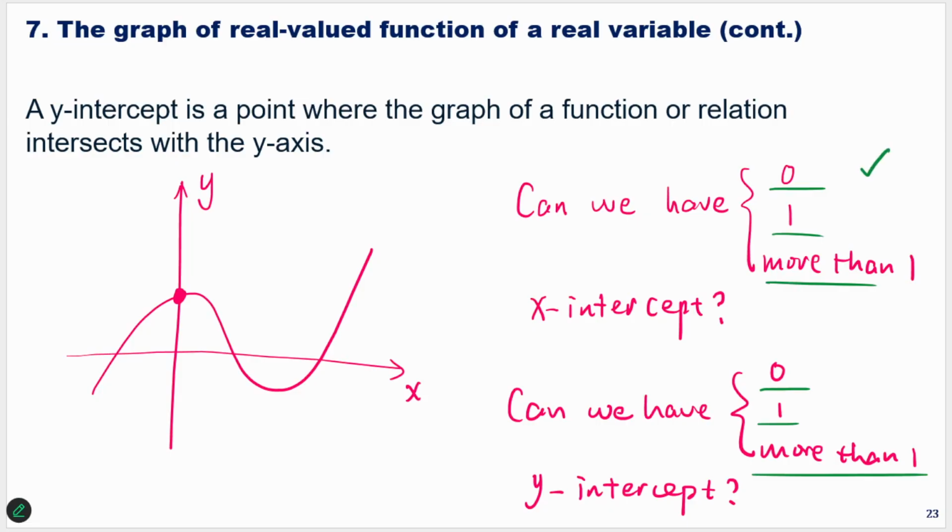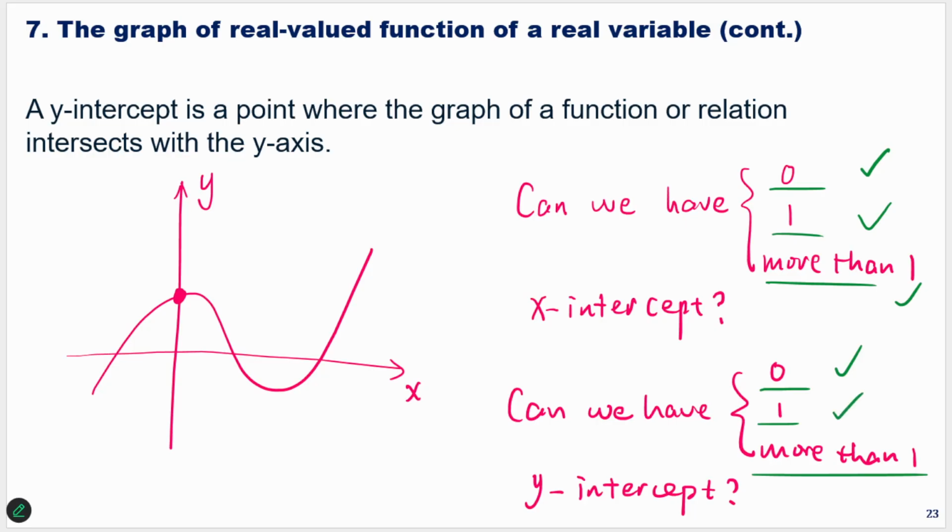Yes. Because sometimes the curve does not intersect with the x-axis, right? Can we have 1? Yes. Only touches the x-axis once. More than 1 is also okay, right? How about y-intercept? Can we have 0 y-intercept? Yes. Sometimes the curve does not intersect with the y-axis. In that case, we have 0 y-intercept. Can we have 1? Yes.